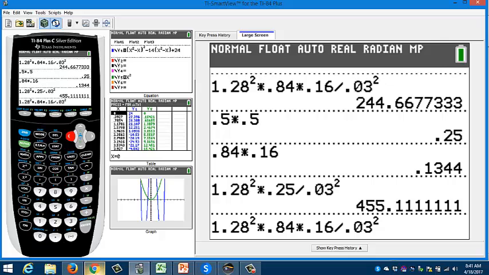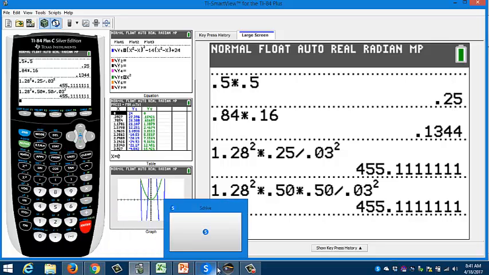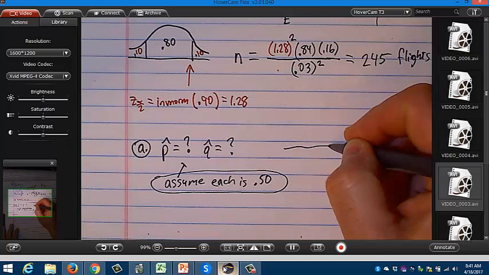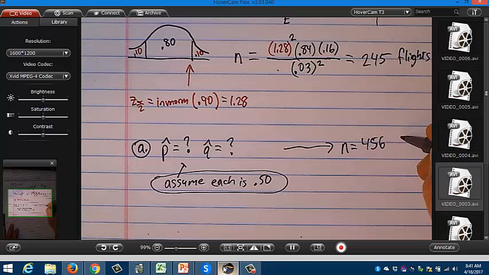And so if I throw in my 50 here, but then I also throw in the 50 here, that should give you the exact same answer, right? And it does. So that means if we want to be 80% confident and we don't know anything, the answer to part A, same thing, but we're going to get n equals 456 flights.